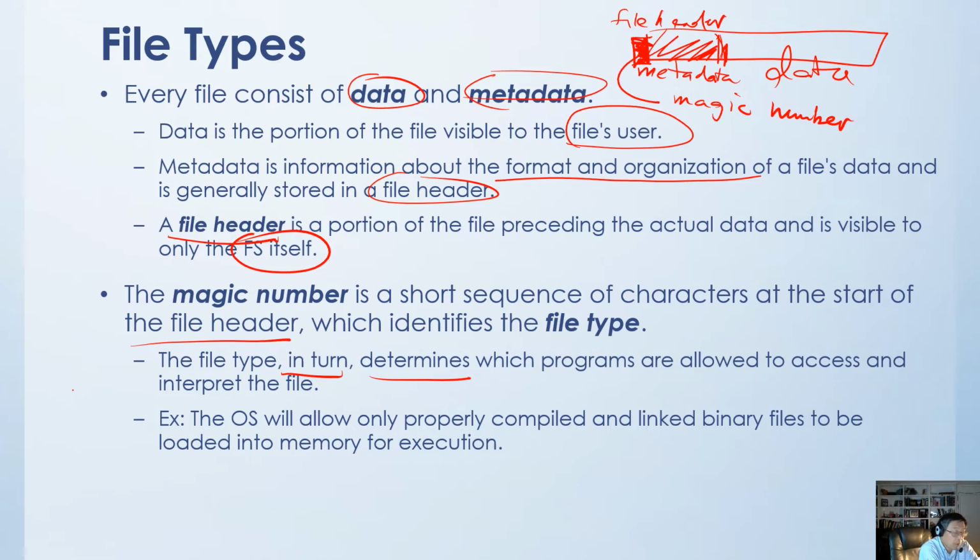For example, in Microsoft Office, you have a file type like Microsoft Word, so you can access the Microsoft Word file using the Microsoft Word app. For an Excel spreadsheet, you can use Microsoft Excel to access it. So the type is determined by a magic number.